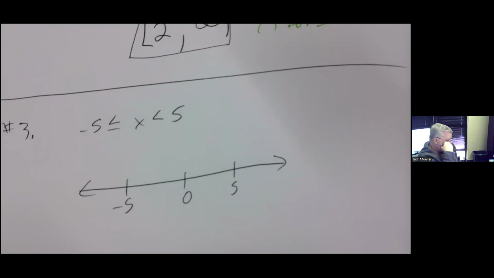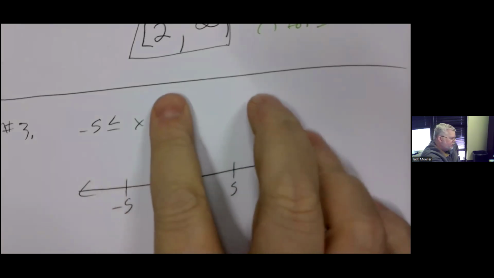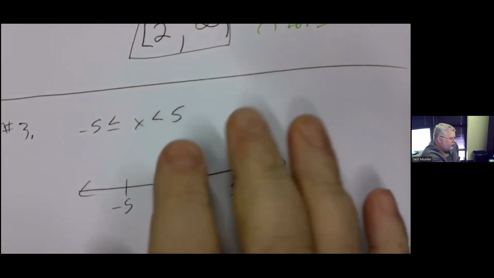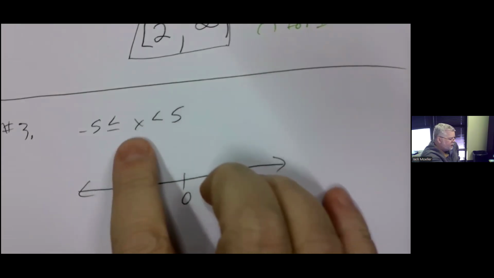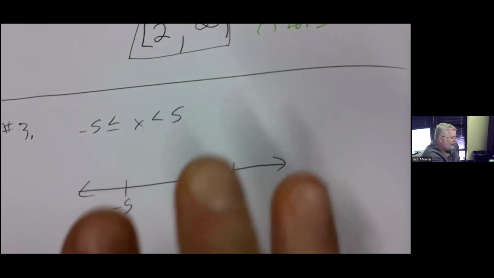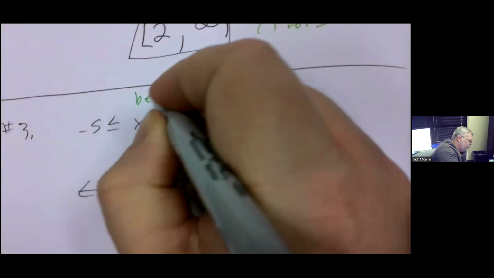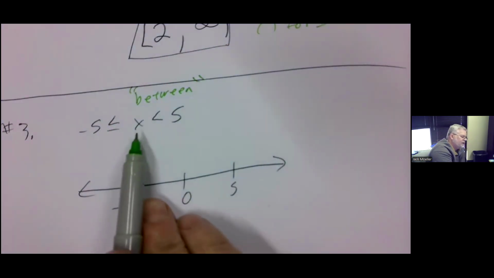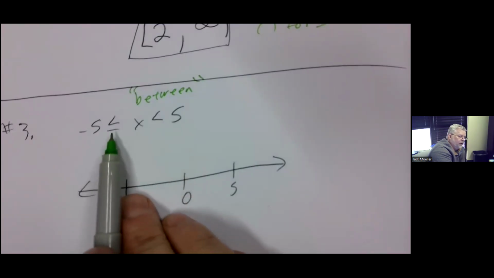This is one place I like the English, because some people read this as -5 is less than x, and then they just read it as, it's less than 5. But what does that mean? I like the word between. This is one place where I think the English can really help us. So what that's telling us is x is between -5 and 5. And it also equals -5 because there's an equal here.